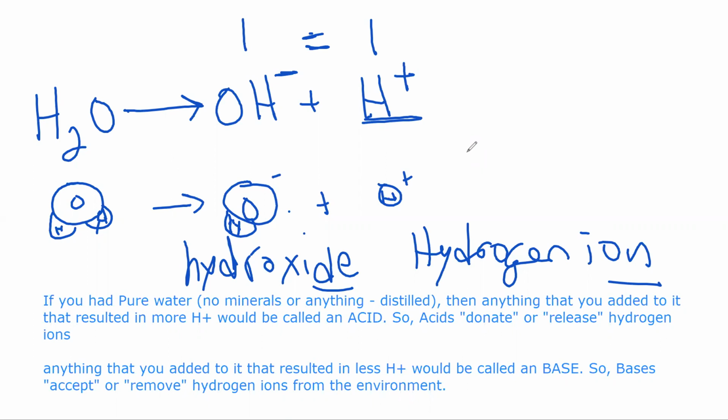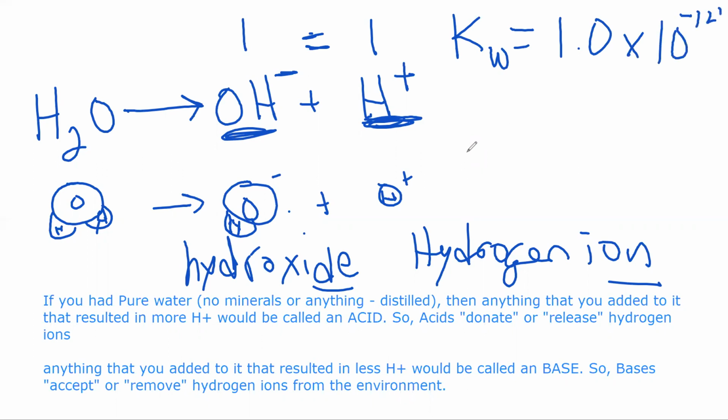What we call, and I won't hold you responsible for this, is the ionization constant of water. Whenever you add up in pure water all the hydrogen ions and all the hydroxide ions, you're always going to get, and this has been empirically tested and it's pretty phenomenal, you're always going to get this number of ions, okay? Which means that you have half of that. What's half of that?